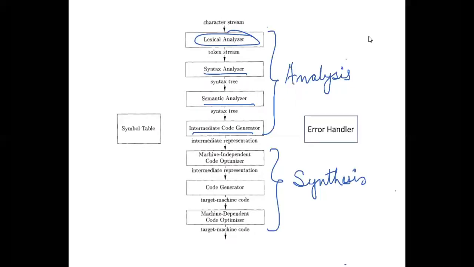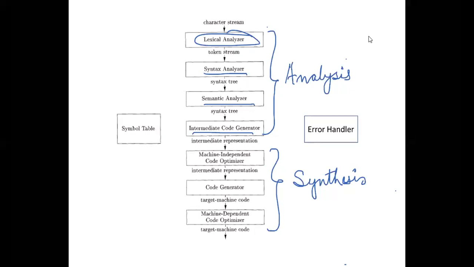Okay, if you look at this again, you can see the first phase is the lexical analysis phase. This is also termed as scanning. Then you have the syntax analyzer phase. It takes the input, which is the output from the first phase. From here again, it gives an output, which goes as input to the next phase.